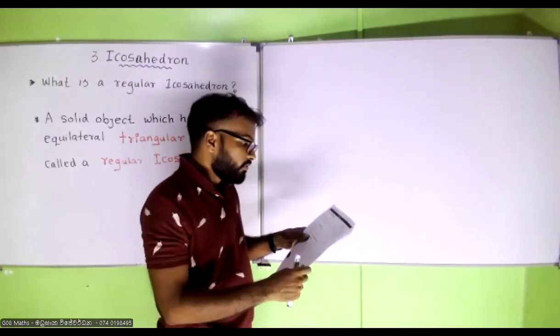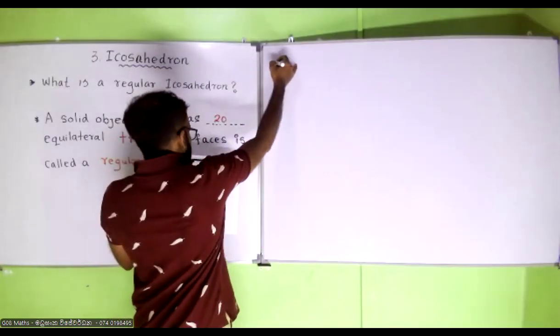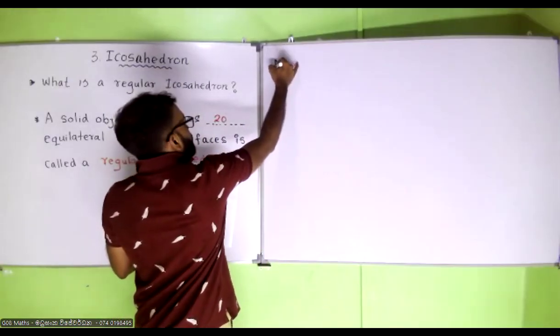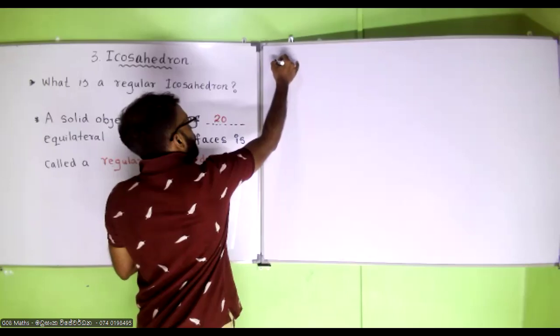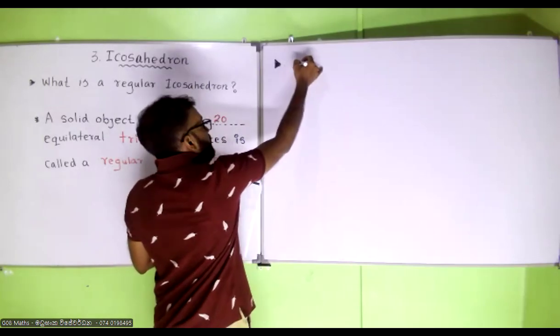First of all, the first characteristic I will tell. Now we are going to talk about the characteristics of a regular icosahedron.